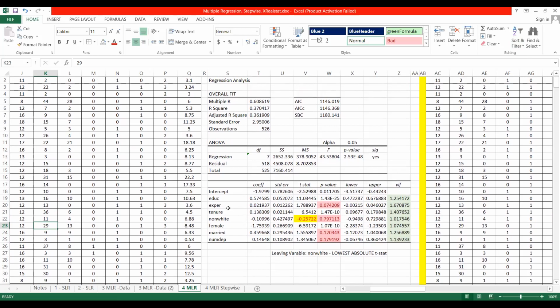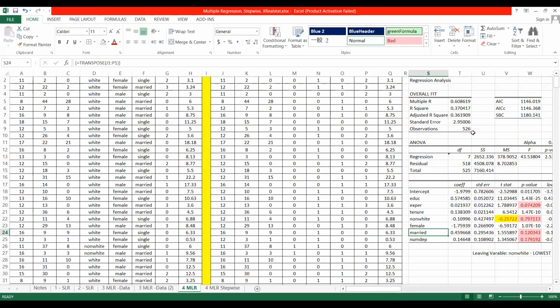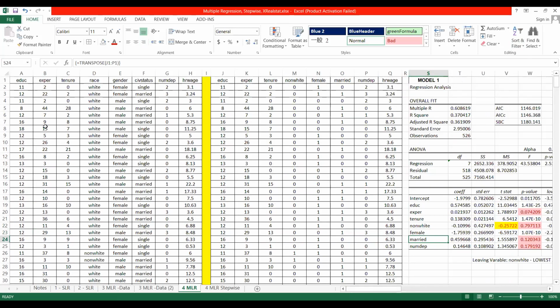where we included all our independent variables: education, experience, tenure. Take note na yung lilagay natin dito si non-white, female, si married, ito na yung mga dummy variables natin. We changed the name, no? Yung sa race, for example, yung non-white yung ginawa nating 1, so ang reference natin si white, kaya 0 siya.